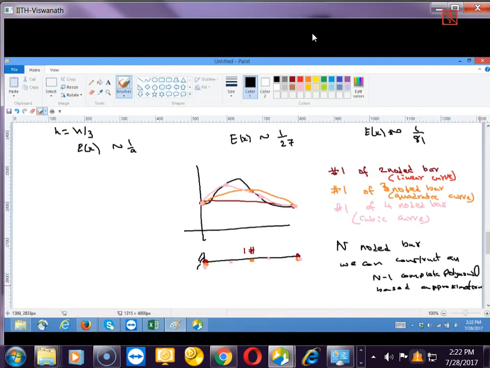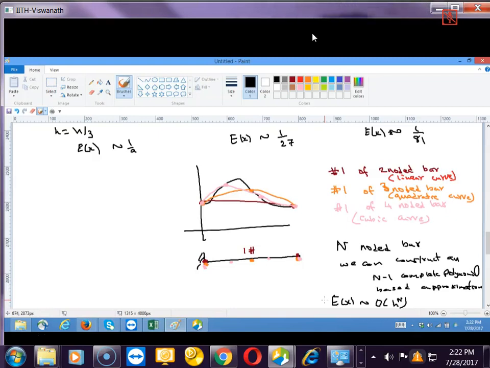Based on this, our error would decrease as h to the power of n. Okay, so that's the reason even with the increasing number of the choice of bar, you can achieve the convergence.